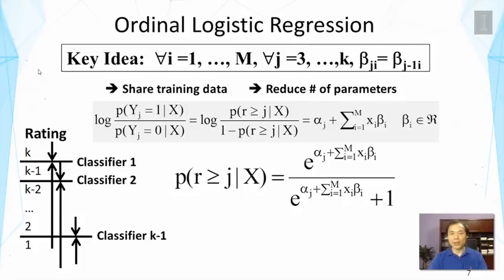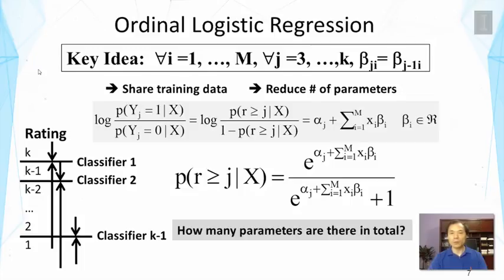However, each classifier still has a distinct alpha parameter, the intercept, and this is of course needed to predict the different levels of ratings. So alpha sub j depends on j. Different j has a different alpha, but the rest of the parameters, the beta i's, are the same. So now you can also ask the question, how many parameters do we have now?